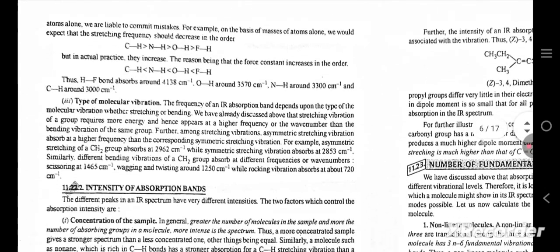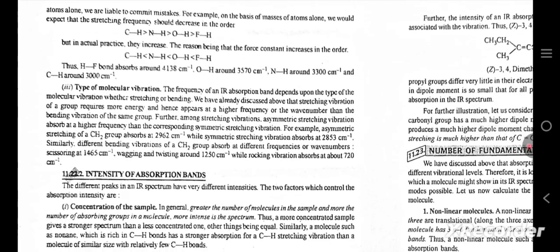For example, on the basis of masses of atoms alone, we would expect that the stretching frequency should decrease in the order, but in actual practice they increase. The reason being that the force constant increases in the order. Thus, HF bond absorbs around 4138 cm, OH around 3570 cm, NH around 3300 cm, and CH around 3000 cm.